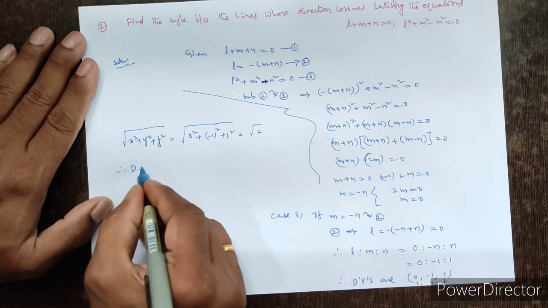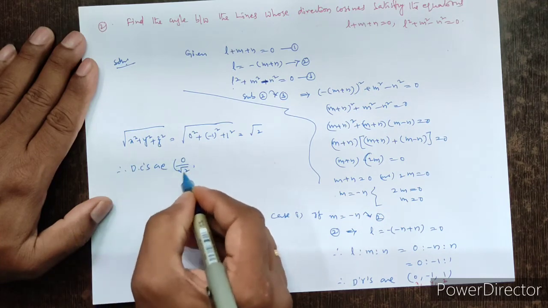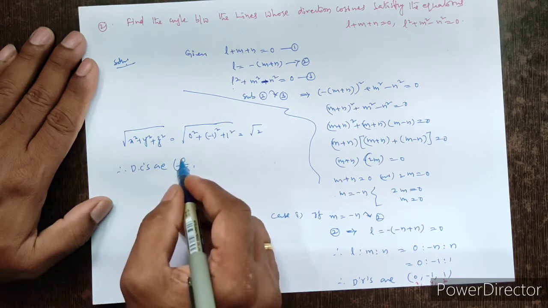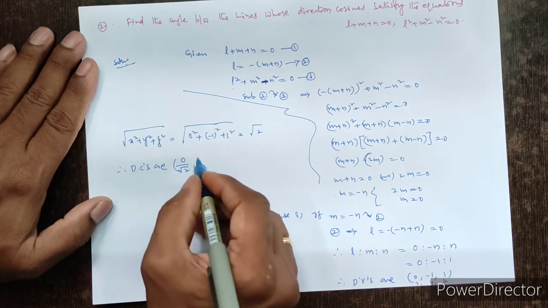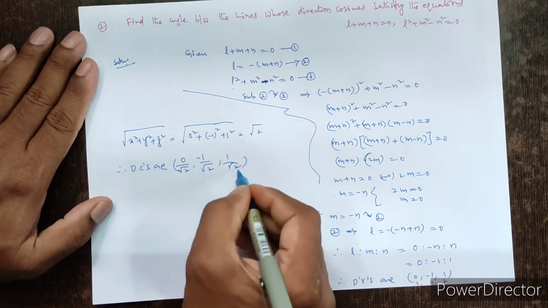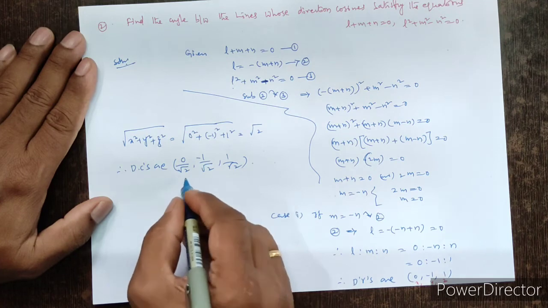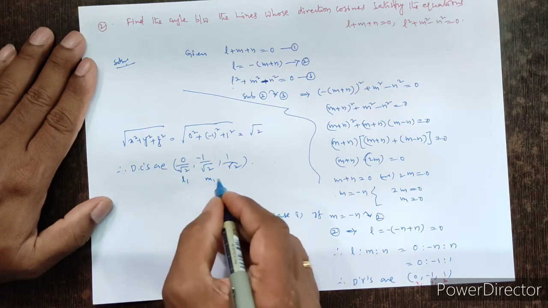Therefore the direction cosines are x by root of x square plus y square plus z square, like that. So 0 by root 2, minus 1 by root 2, 1 by root 2. So these are the direction cosines of one line, that is L1, M1, N1.